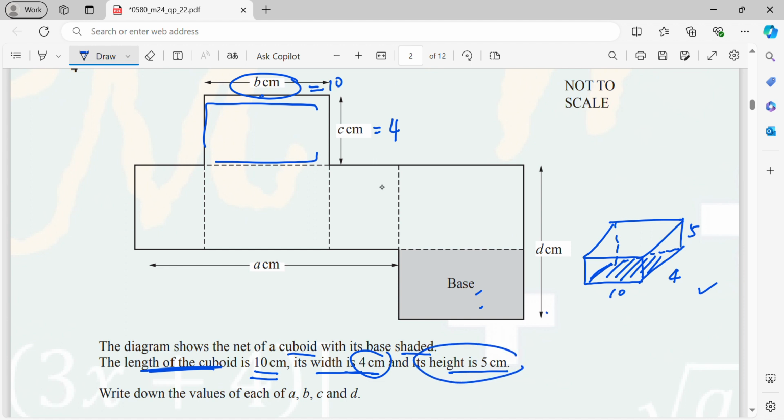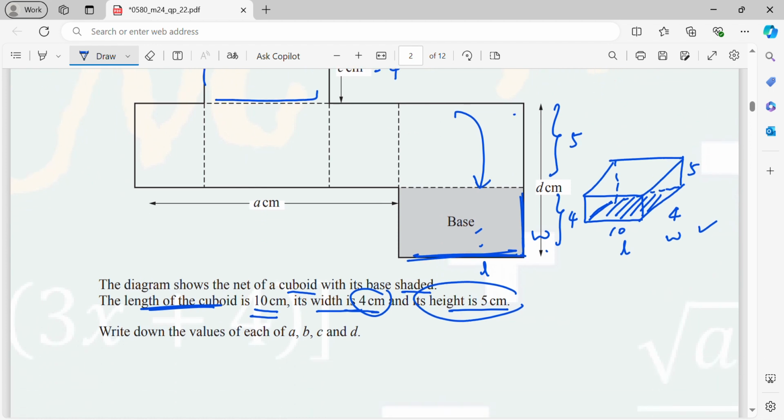You see, this is the base, this is the length, this is the width. When you fold this part up, here is going to be 5, then this is 4. Which means your D is 5 plus 4.